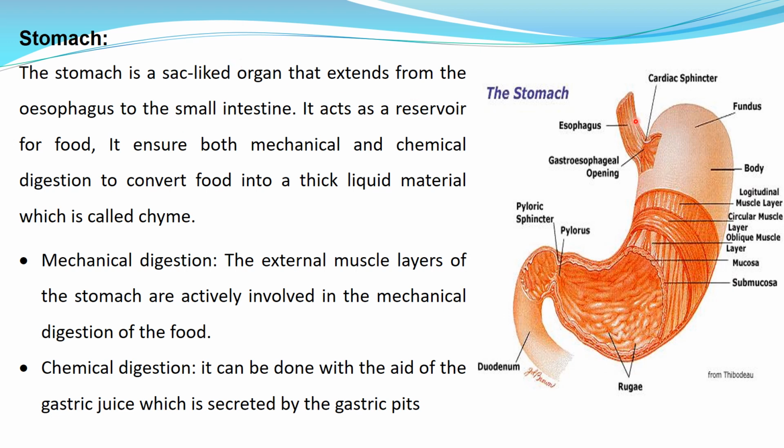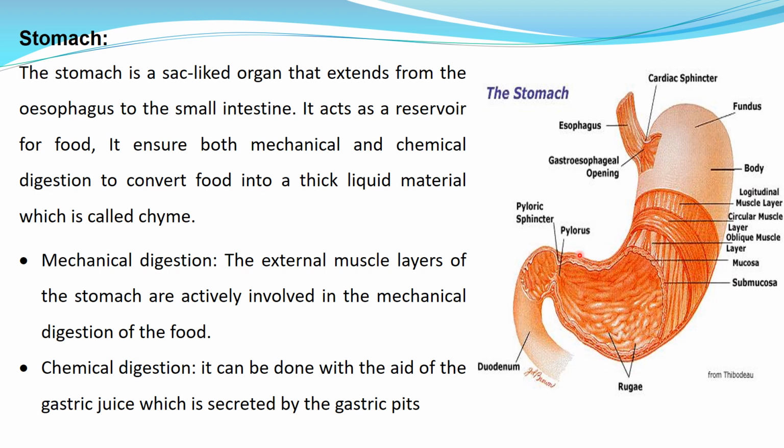The stomach is a sac-like organ that extends from the esophagus to the small intestine. It acts as a reservoir for food, and also ensures both mechanical and chemical digestion.